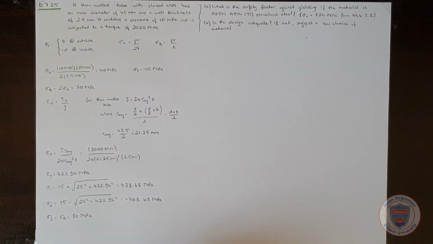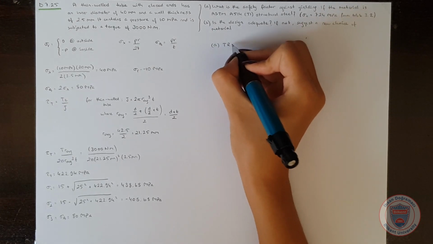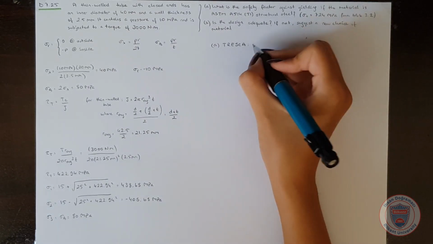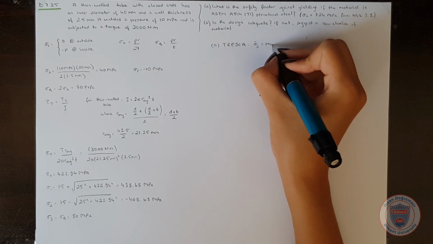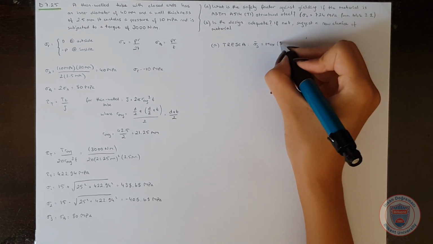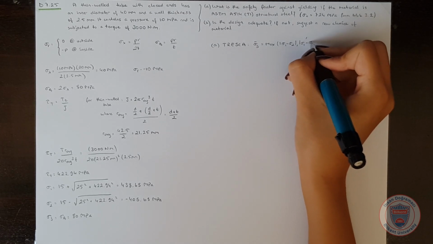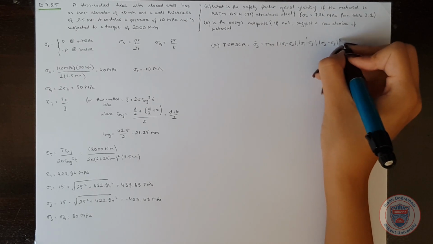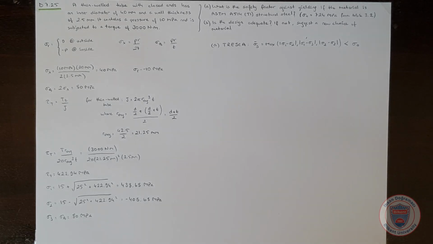We can find the safety factor against yielding using Tresca. According to Tresca, we will have a sigma s, which is equal to the maximum of sigma 1 minus sigma 2, sigma 1 minus sigma 3, and sigma 2 minus sigma 3, and it should be smaller than the yield strength.